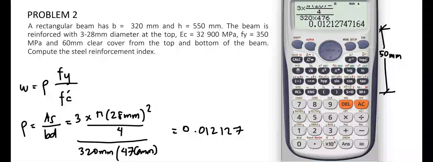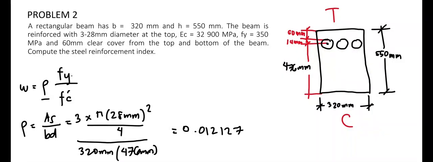Now that we have the steel ratio and we have the yield strength of steel, what we need to solve is the compressive strength. And to solve this, given the modulus of elasticity of concrete, the formula for the modulus of elasticity of concrete is equal to 4,700 times square root of fc prime.